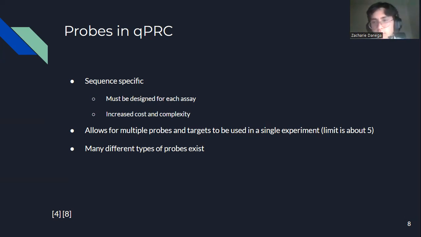It's essentially using multiple probes to target multiple different genes or sequences in a single experiment. Some say the limit is about 5, some say 4, some say 3. It just depends on what article you're reading and when the article was made. But many different types of probes exist.